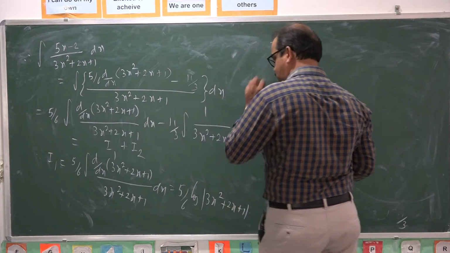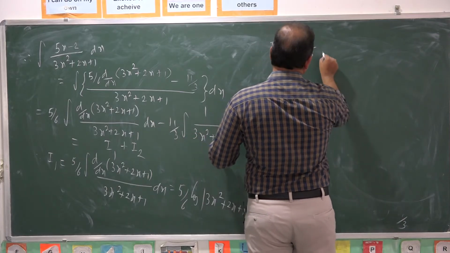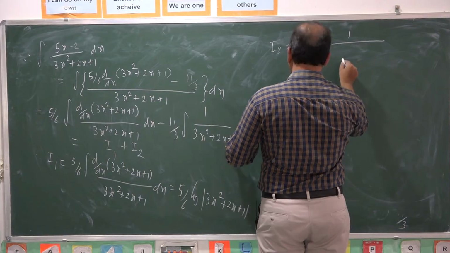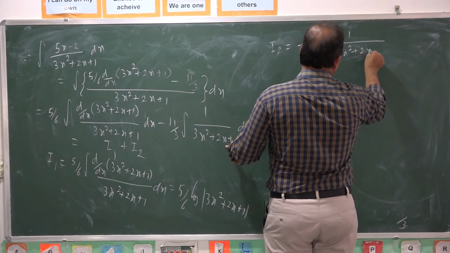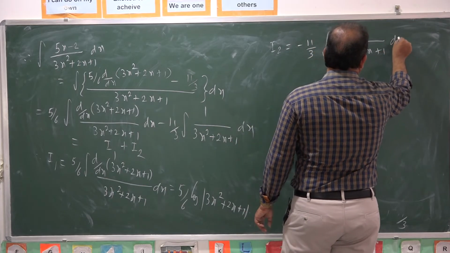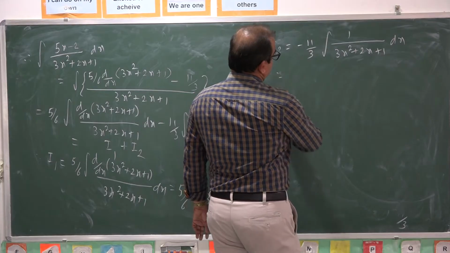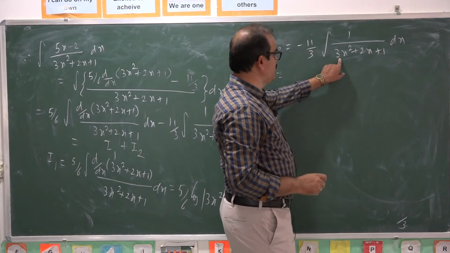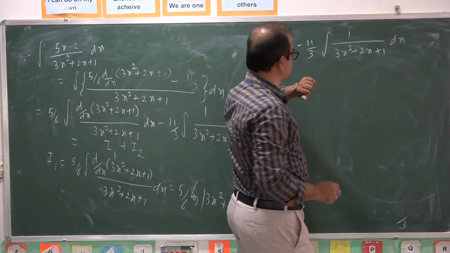I2 is equal to, second part, minus 11 by 3 into integral 1 by 3x square plus 2x plus 1 into dx. Here it is a quadratic form. You express this quadratic form as a perfect square.